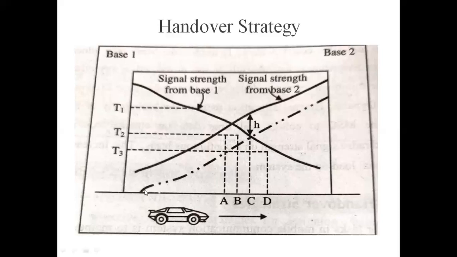So the handover occurs at point A for T1, and now it occurs at point B. This ultimately deteriorates the quality of the communication link, and it may result in a dropped call. The signal strength is decreasing in this manner, while the other signal strength is becoming higher, but this is the signal strength the mobile unit is carrying with it.